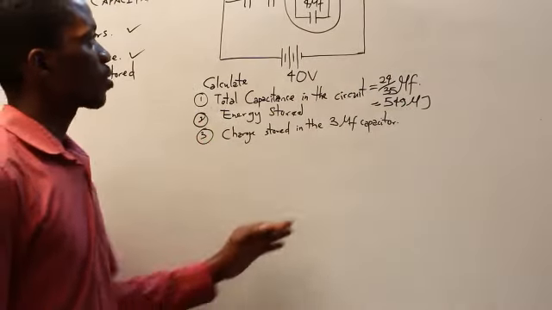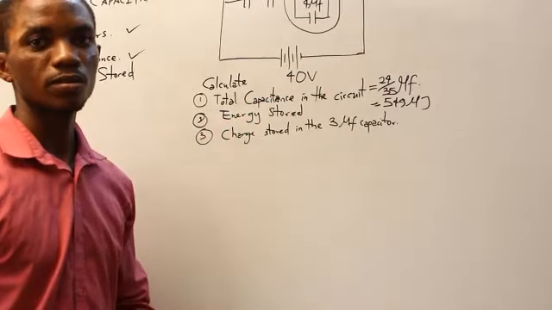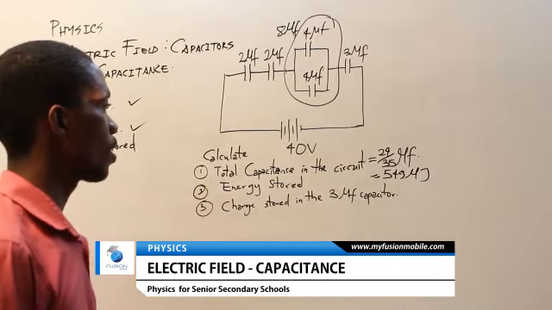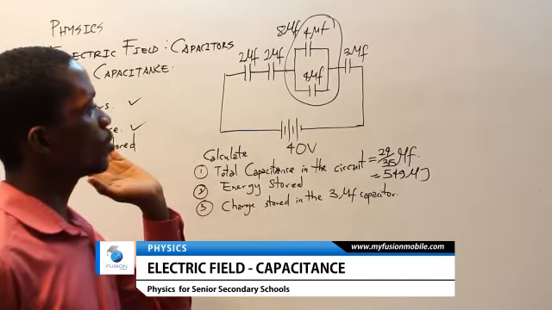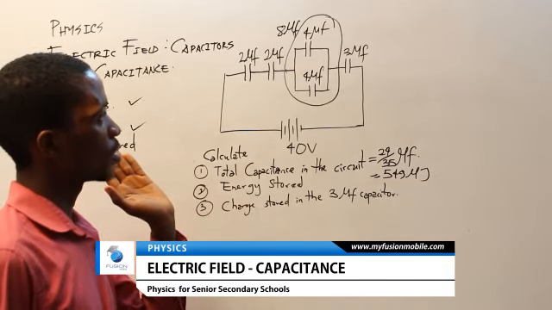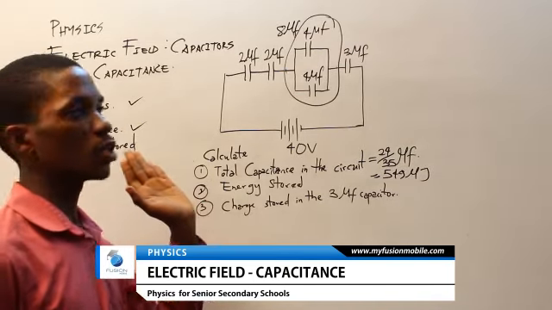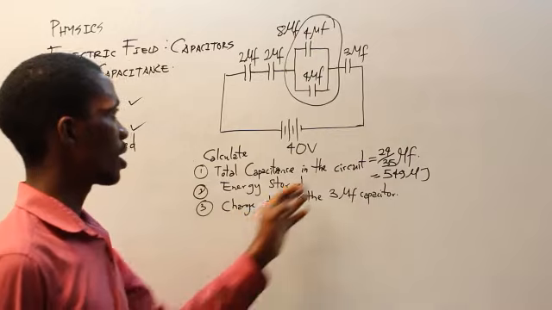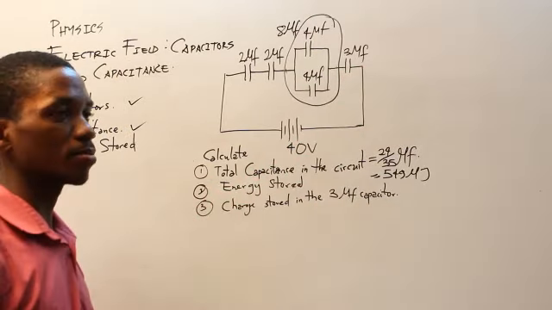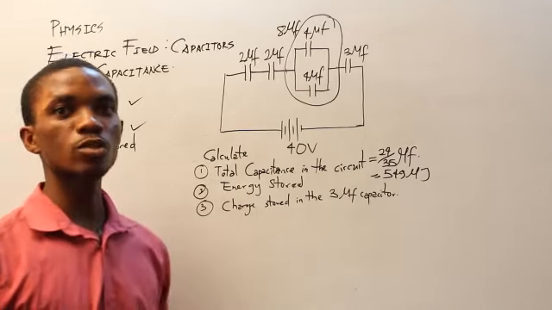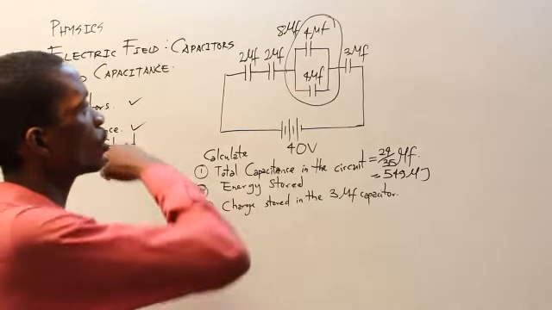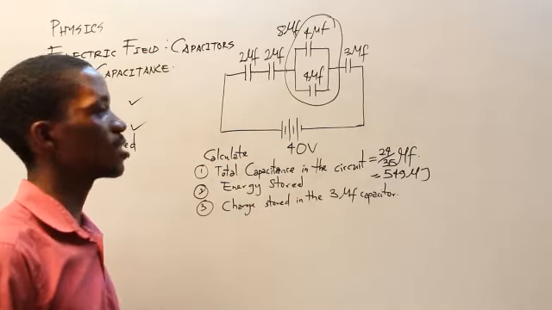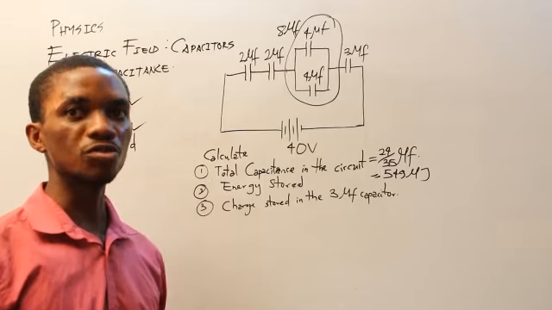To calculate the charge across this particular capacitor, that's the 3 microfarad. We know that the way current works, current is constant in a series connection, and current is simply charge that is moving.